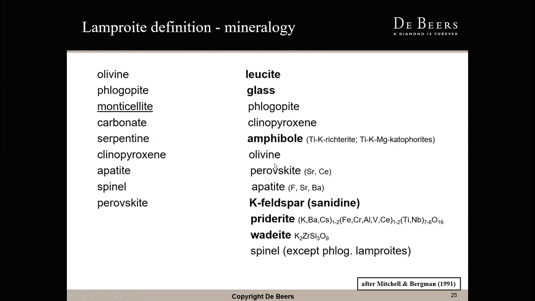You'll notice there are some that also occur in both, the perovskite, the apatite, etc. But note that the compositions are actually quite distinct. The apatite in the lamproite is very fluorine-rich, strontium, barium. Same for perovskite. The amphiboles are very titanium-rich. The phlogopite compositions are also different. So although the minerals are showing the same, compositionally they're very much different.